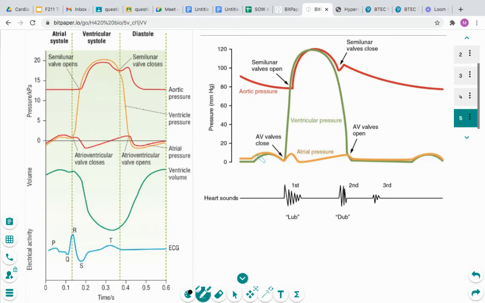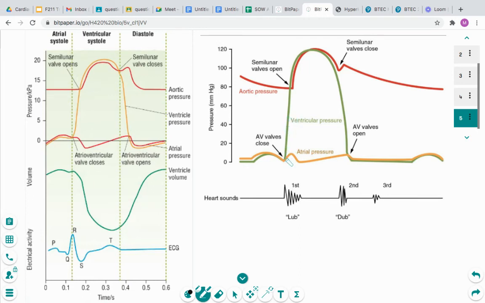Then we can see the pressure starting to drop here in the atria, and that tells me the atria are beginning to relax, and suddenly the pressure in the ventricle shoots up. It's a great pressure, and this tells us the ventricles are now contracting.